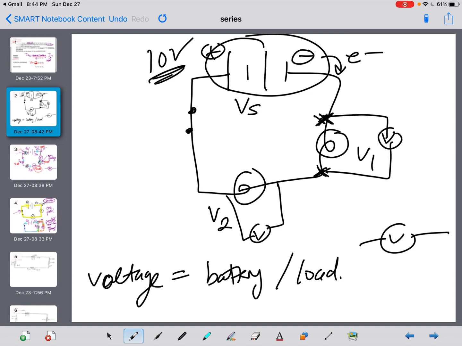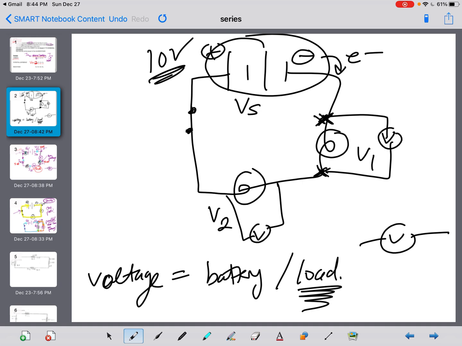So you have to basically look at, well, where is it going to spend its energy? So it spends its energy passing through loads, because as it slows down in the load, the energy is converted. So in the case of a light bulb, it's converted from electrical energy into light energy and heat energy.